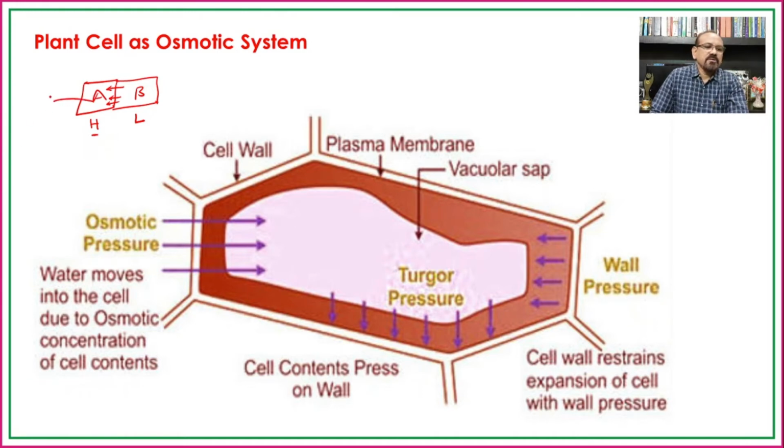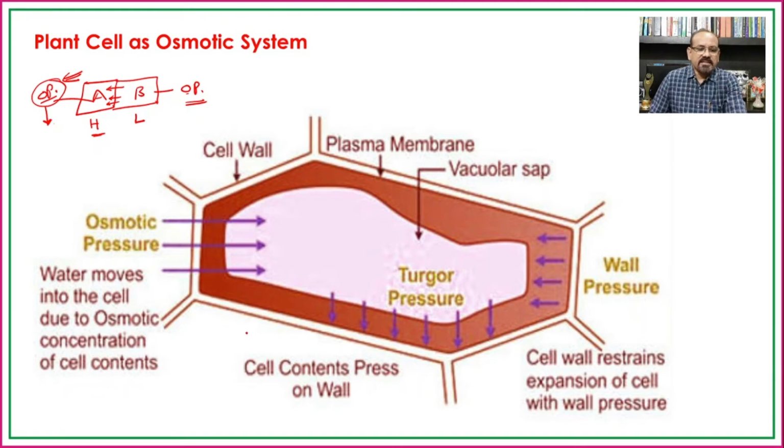It means that the osmotic pressure of cell A is high and the osmotic pressure of cell B is low. The osmotic pressure is directly proportional to the amount of solids dissolved in it. It means that the osmotic pressure is directly proportional to the concentration of the solution, and hence if the osmotic pressure is higher, it will absorb water from surrounding cells.